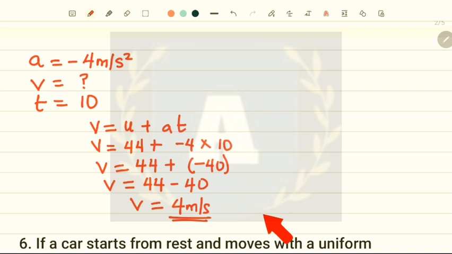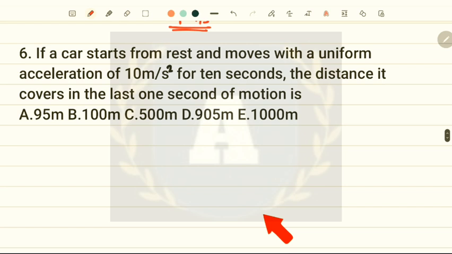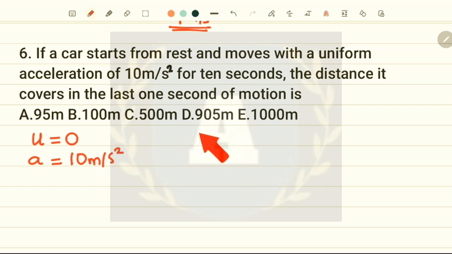All right, quickly into the next question, which says if a car starts from rest, which means the initial velocity is 0 in this case, and moves with a uniform acceleration of 10 meters per second squared for 10 seconds, so the time is 10 seconds.